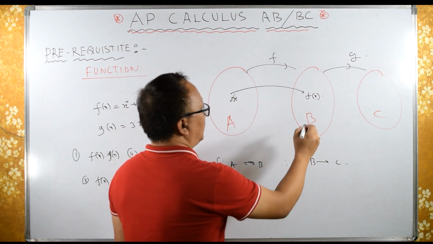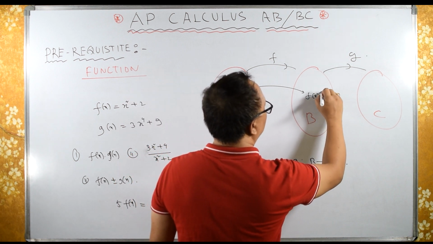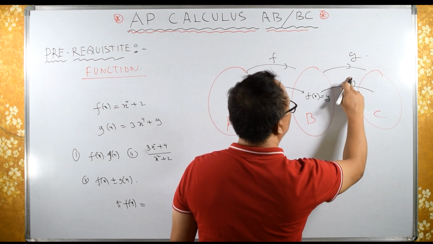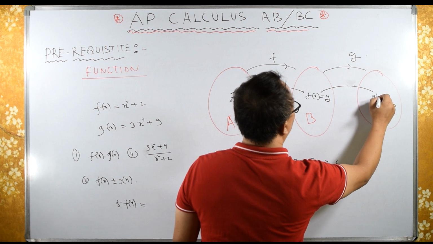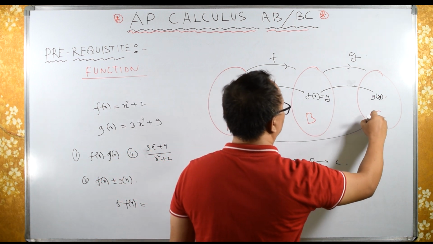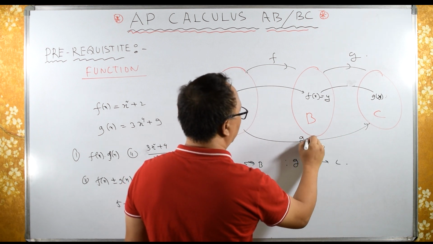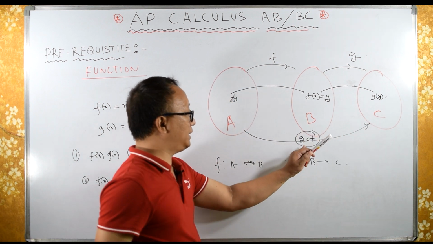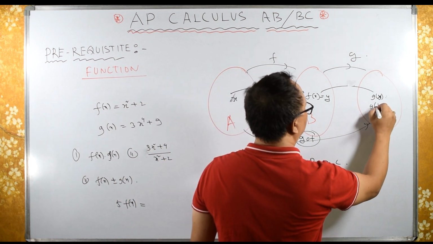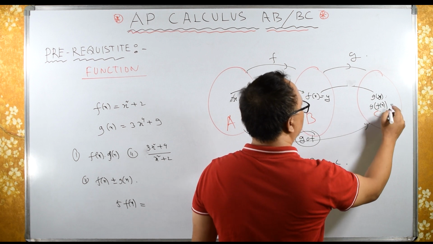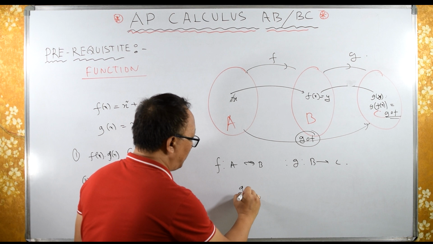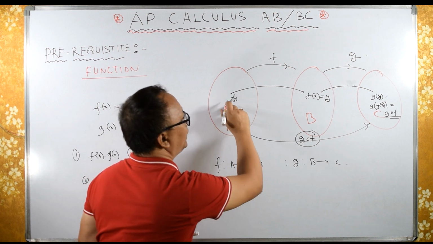Let's say f of x equals y, then over here g of y. This becomes g of y. Therefore from here to here we call this g compose f. g of y is g of f of x. So g compose f is from A to C.